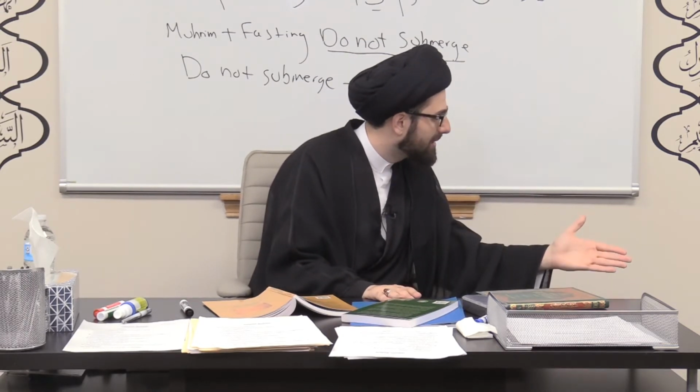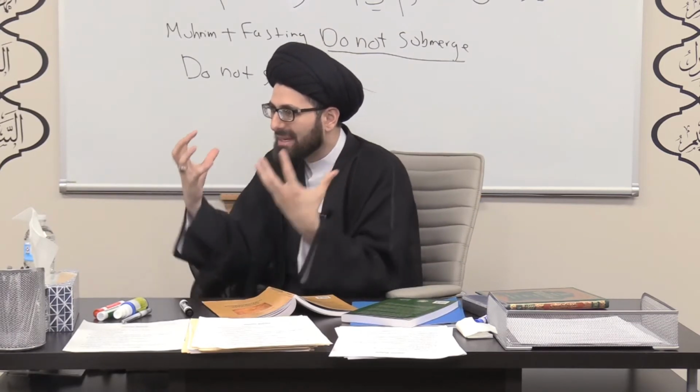Number two, the one who's narrating the hadith is reliable. Do I have to take the word of a reliable person or not? These are common elements. The specific elements we discuss in Islamic law. The general common elements we discuss in legal theory and usul.